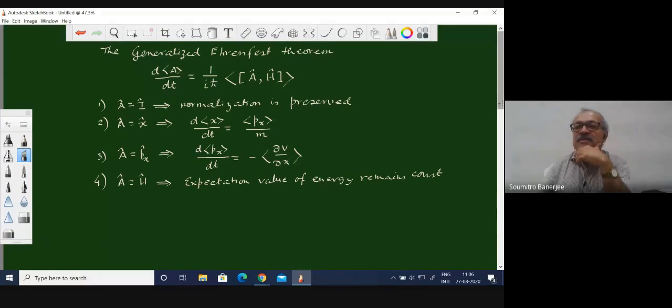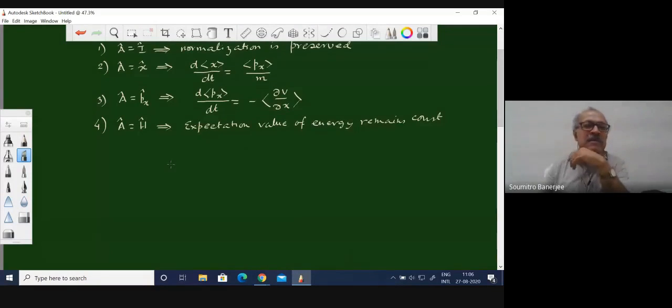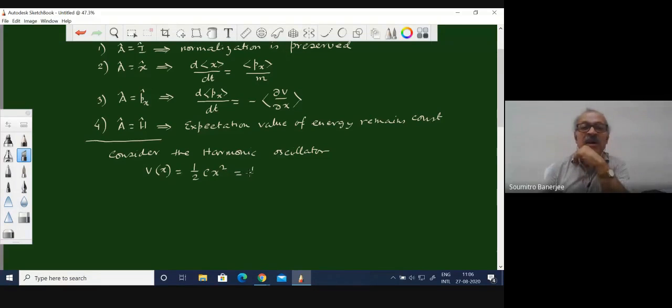If we apply this equation to the specific situation of the harmonic oscillator, so consider the harmonic oscillator. For the harmonic oscillator, your potential function is half Cx square, and this is equal to half m omega naught square x square.